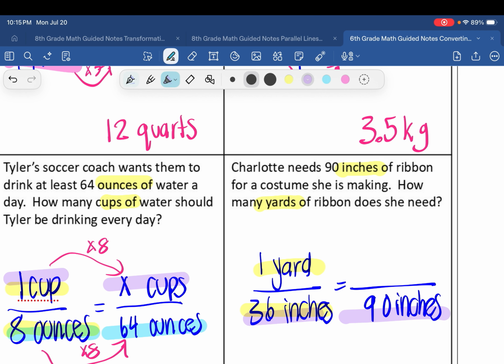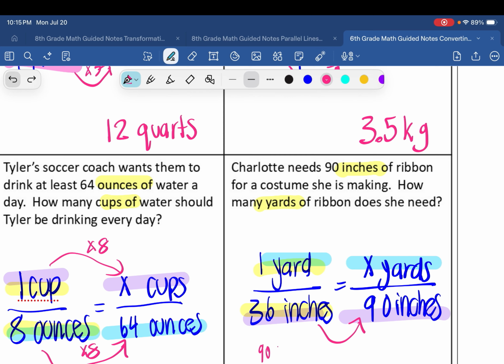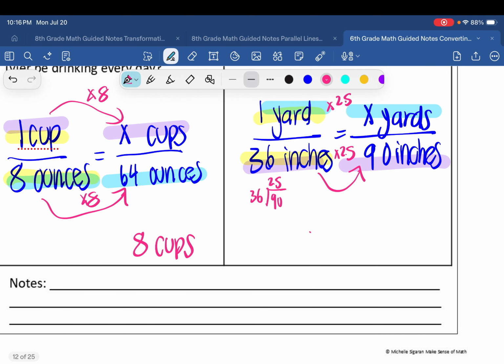And I put yards on top, so that needs to stay yards. 1 yard, and I don't know how many yards, so X yards. And so I got to figure out 36 times what is 90. If you don't know what 36 times what is 90, then you can divide 90 divided by 36, and that will give you 2.5. So I'm going to multiply by 2.5, and then the top by 2.5. So 1 times 2.5 is 2.5, so that will be 2.5 yards.